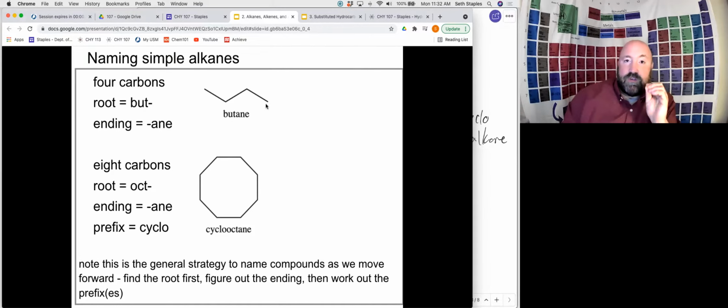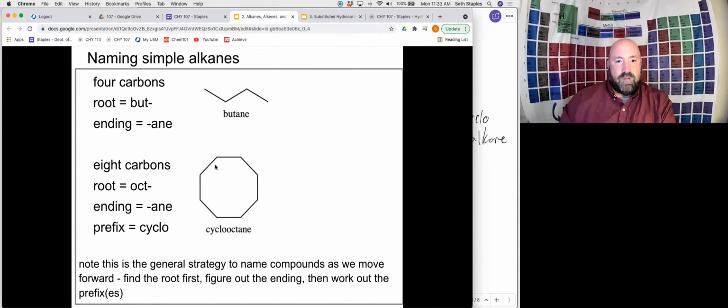So our root for this compound is but. Again, we need to have that chart memorized if you haven't by now. So our root is but, and our ending, since this is just carbon and hydrogen, all single bonds, tells us that it's an alkane. So our ending is ane, leading us to the full name of the compound, butane.